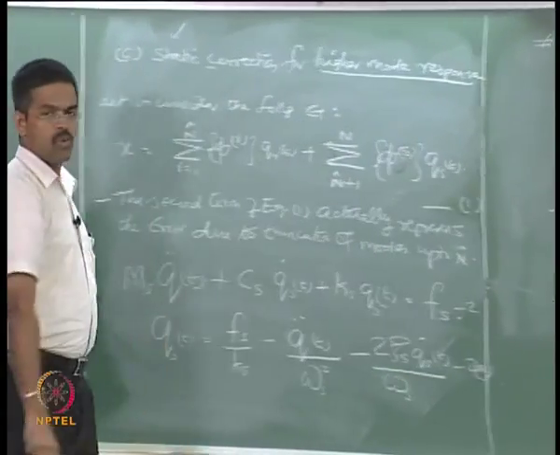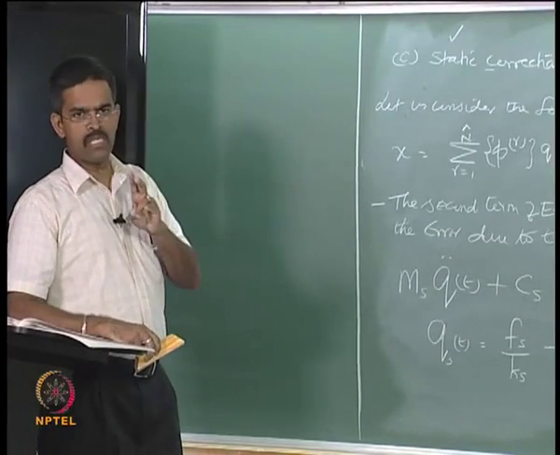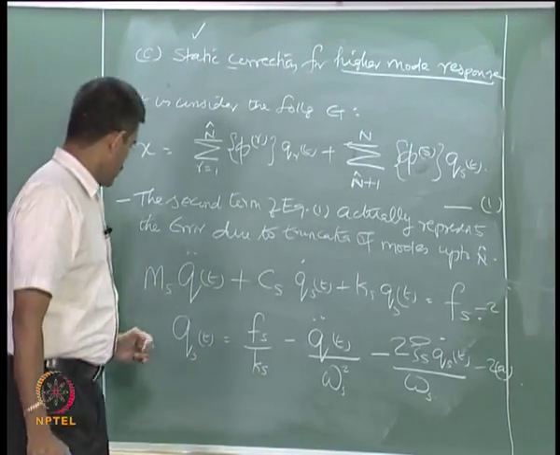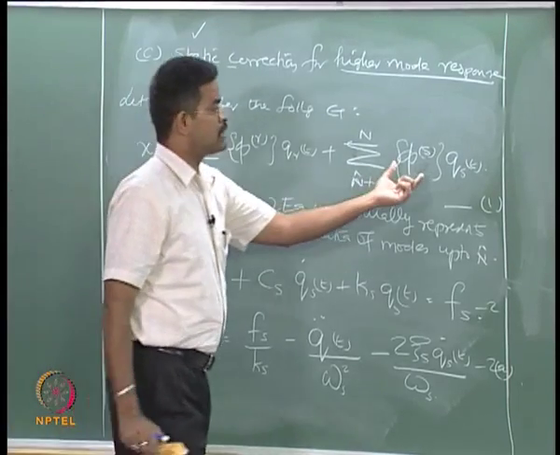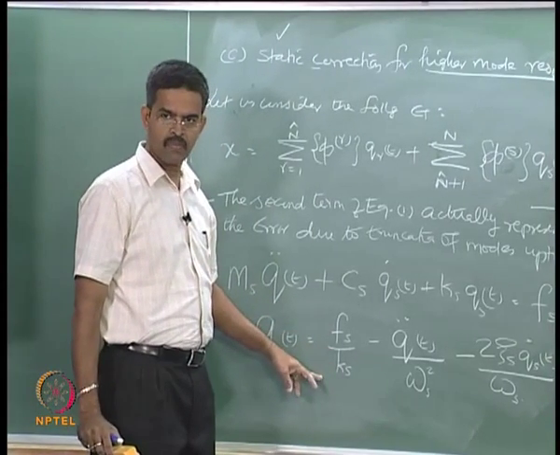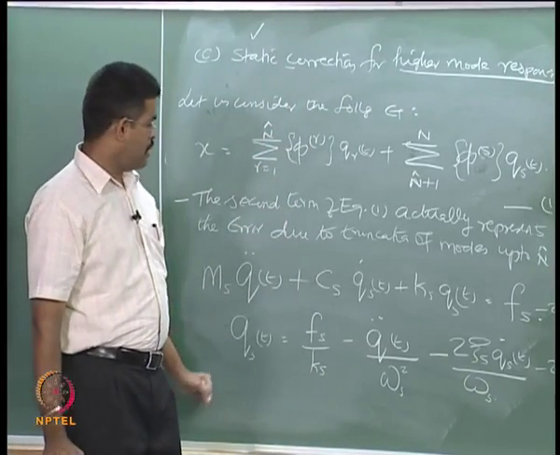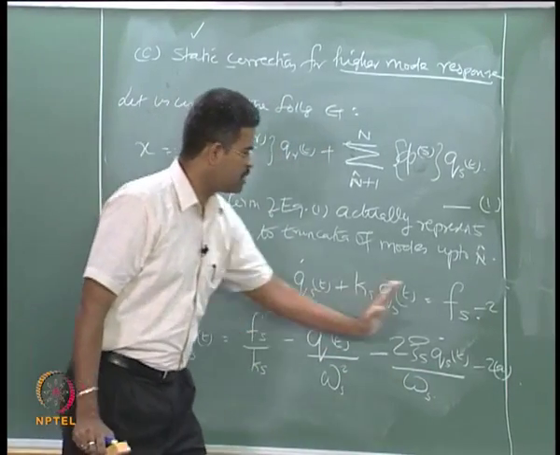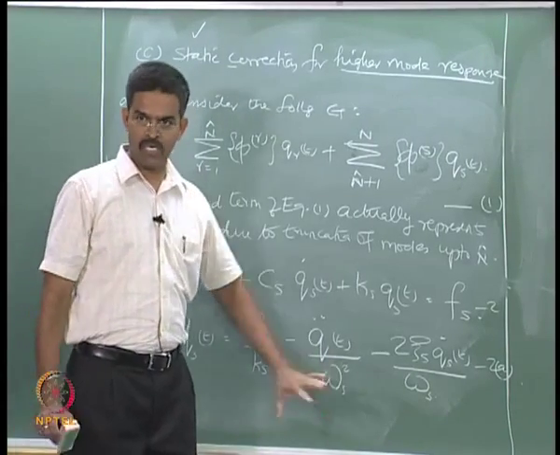Now look at equation number 2a here. There are two interesting observations I can make from equation 2a. One observation is the response q which is caused from the error term here depends only on the static response. That is why it is called static correction. For increased values of omega, you will see there will be a depletion of these terms, is it not? They will keep on decreasing because it is inversely proportional to square of that.